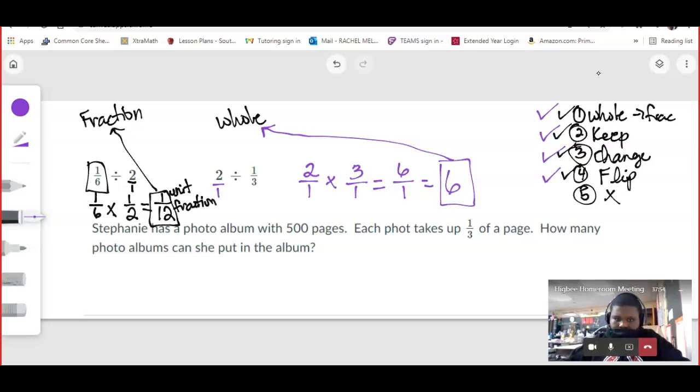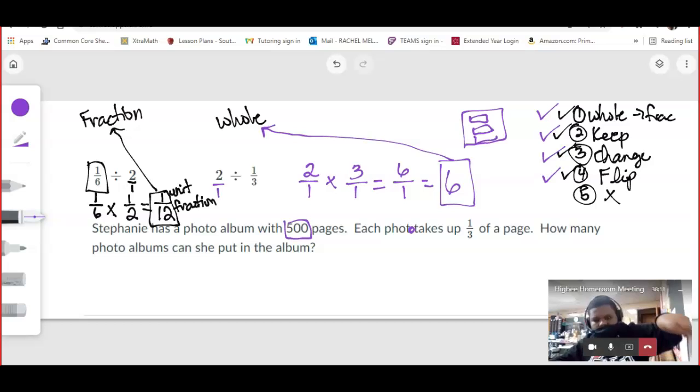So it says Stephanie has a photo album with 500 pages. That's our total. 500. This is a typo. Each photo takes up 1/3 of a page. That means that every page, there's 1, 2, 3 pictures on it. How many photos can she put in the album?